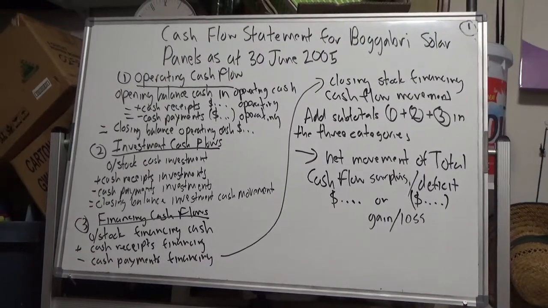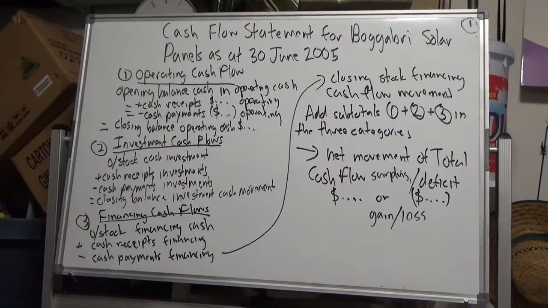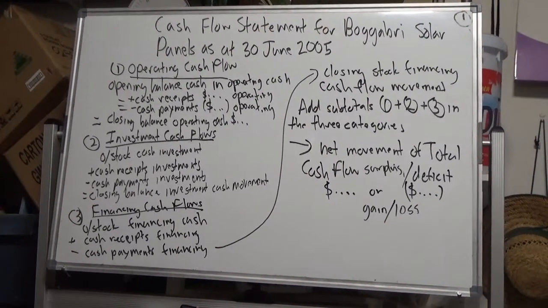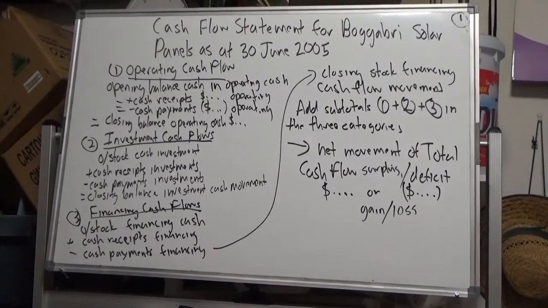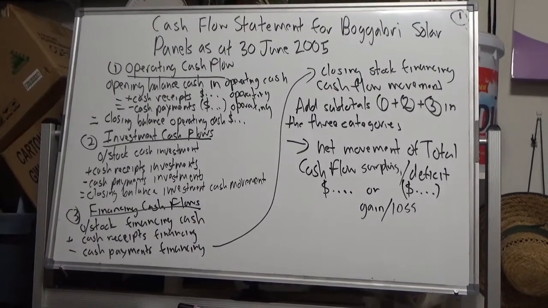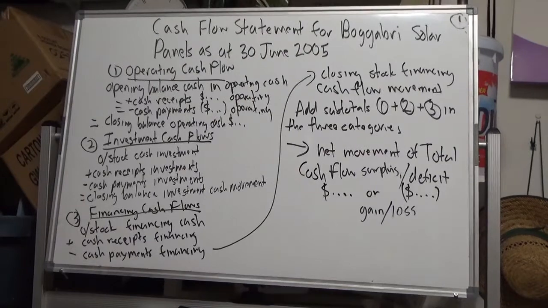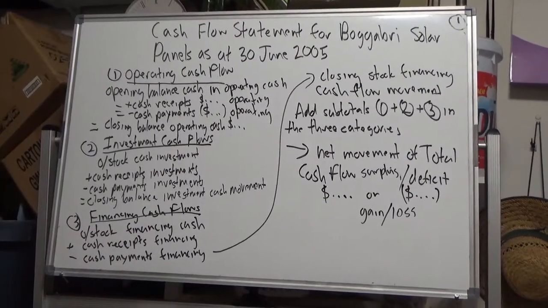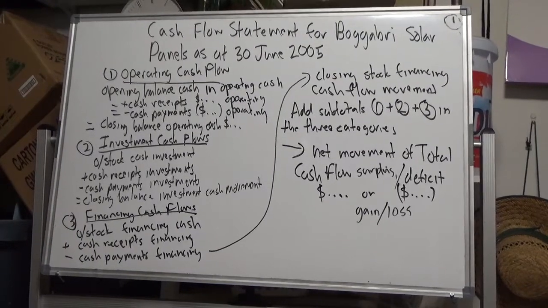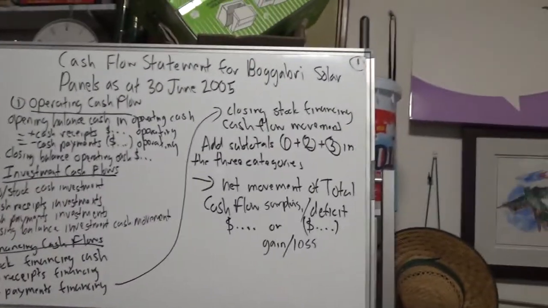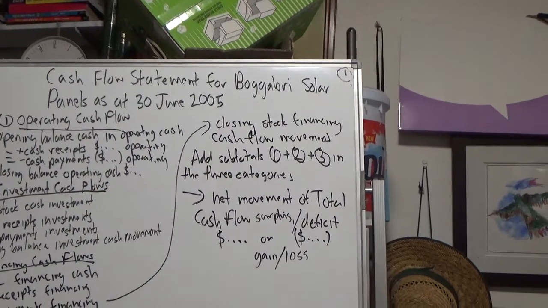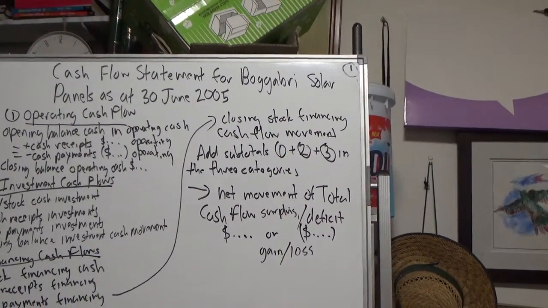That's for that category. Then the final category is financing cash flows. Opening stock of cash for financing cash flow movements, plus cash receipts for financing cash flow movements, minus cash payments for financing cash flow movements, gives you the closing balance of financing cash flow movement.